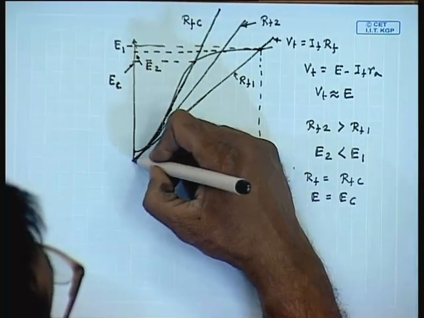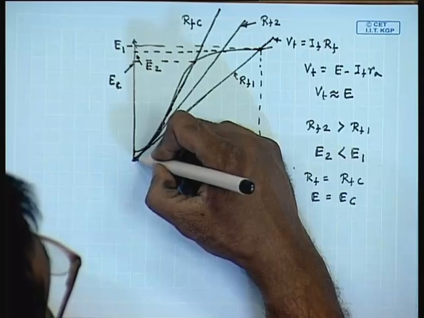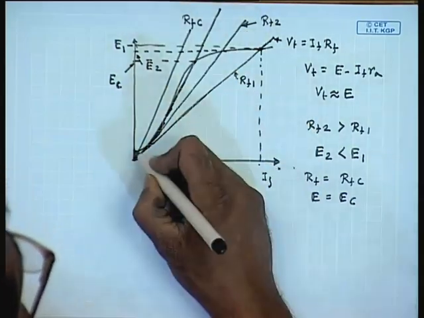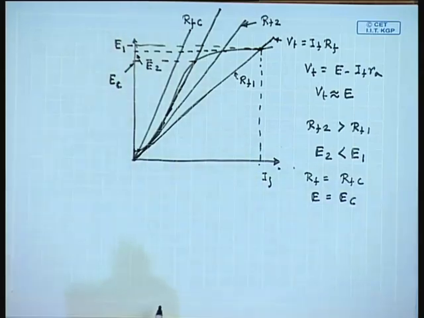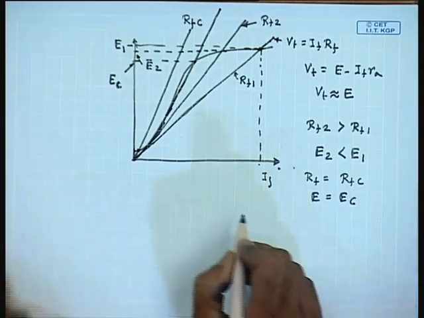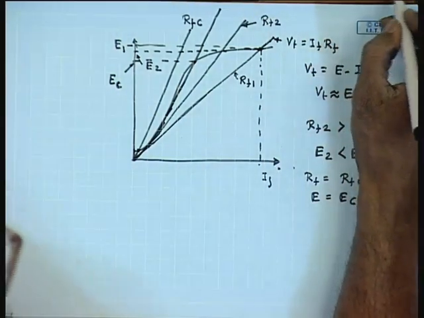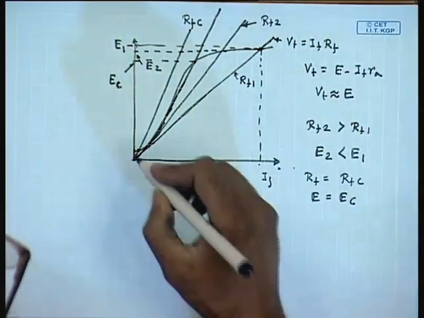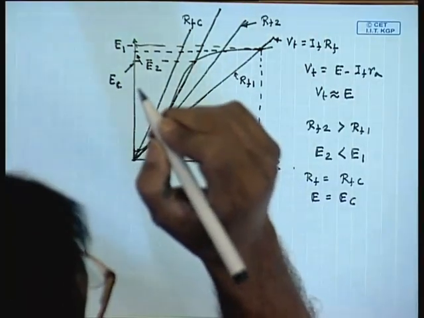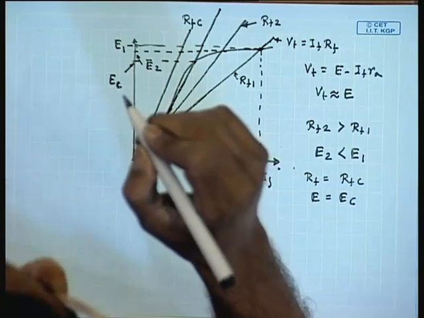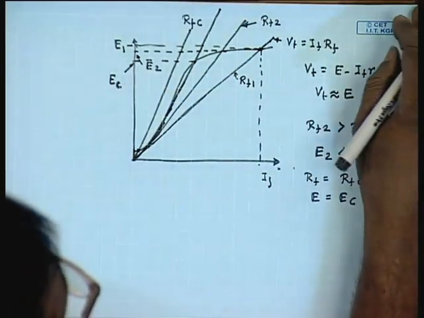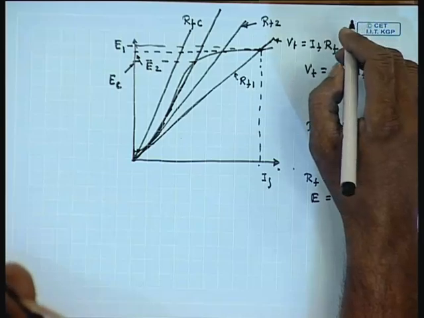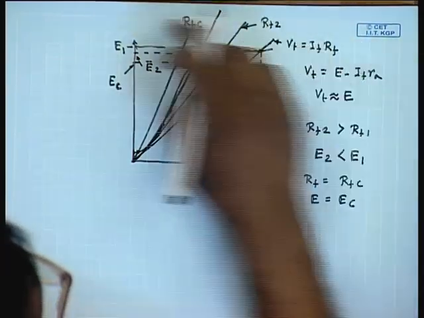Clearly, if the field resistance is anything more than Rc, then the induced voltage will drastically drop. There will be almost no induced voltage at no load, in which case it will be called that the machine fails to excite.